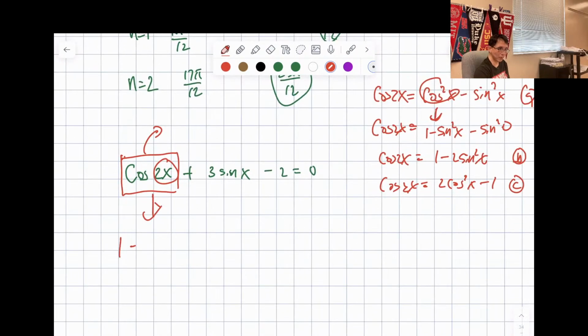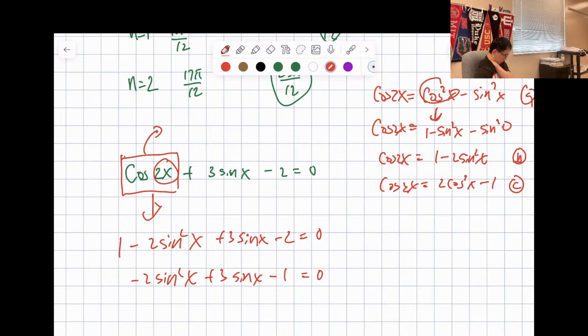So it says 1 minus 2 sine squared of x plus 3 sine of x minus 2 equals 0. Can I do that? Well, can I simplify this? So it'll be minus 2 sine squared of x plus 3 sine of x, and 1 minus 2 is negative 1, equal to 0. Now, I don't like the first term to be negative.